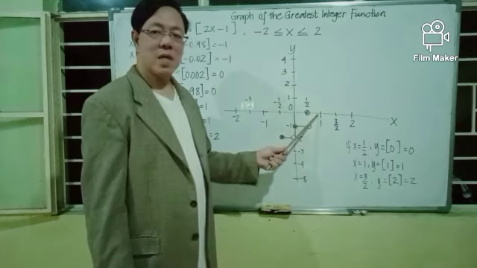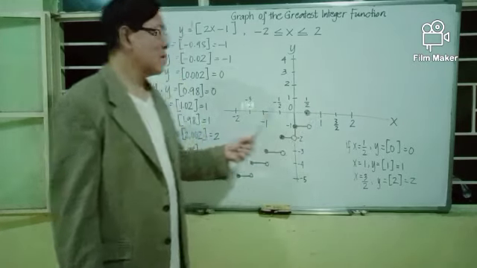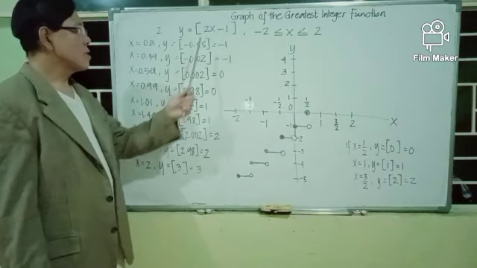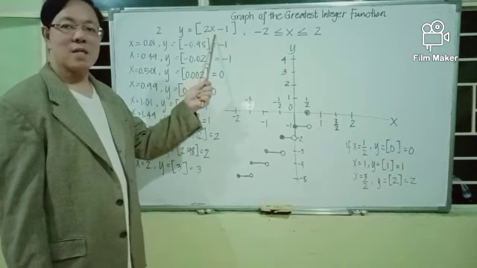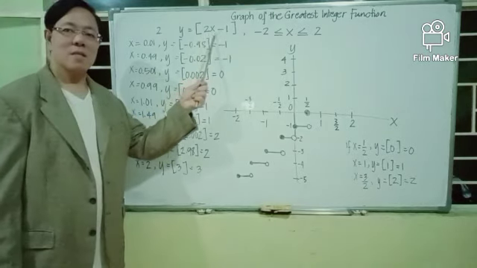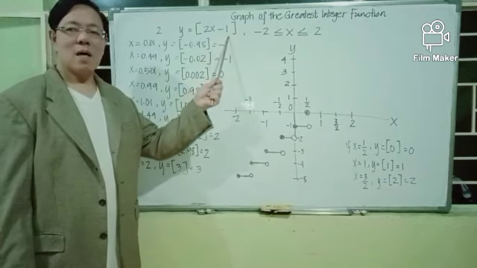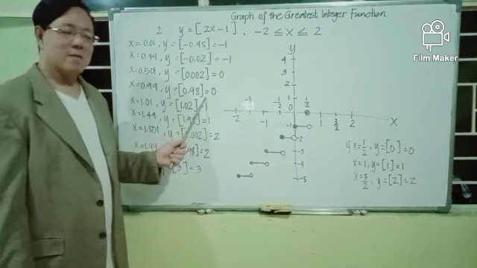Now, I will take a real number very close to 1, but less than 1. I will take x equals 0.99. Substitute in the function 2 times x, 2 times 0.99 minus 1. And by using a calculator, you should get 0.98.